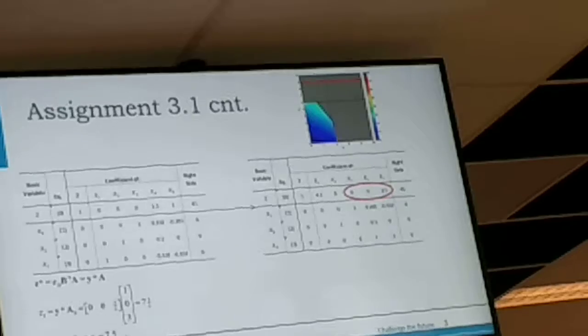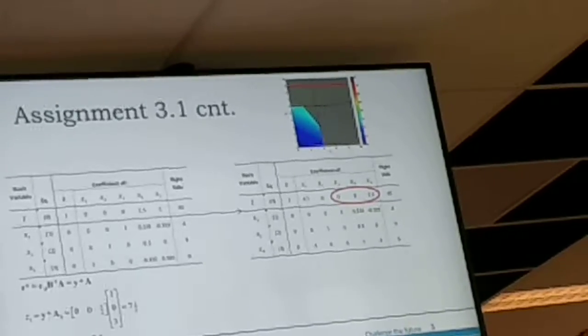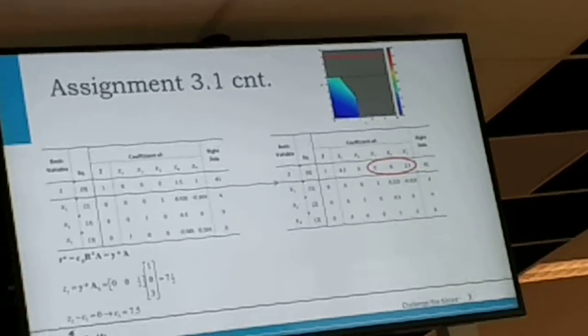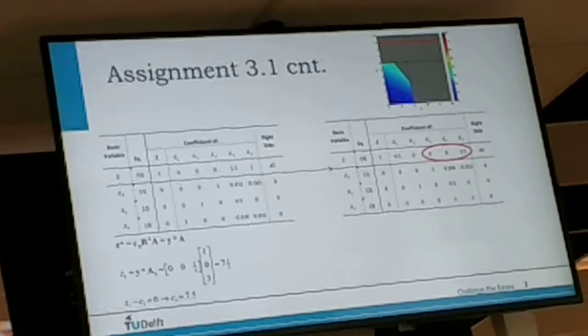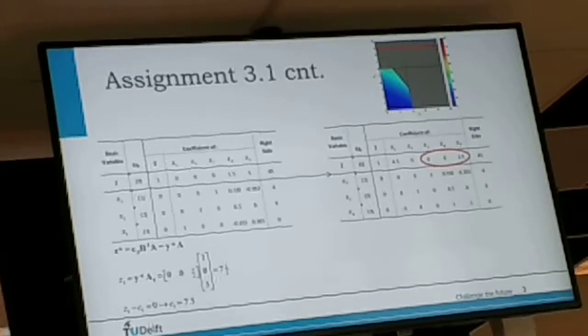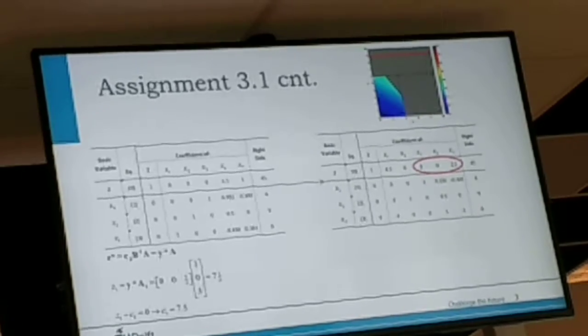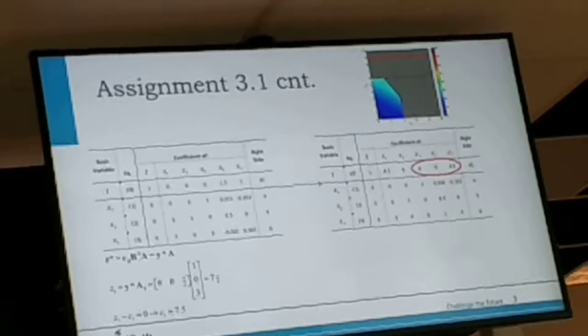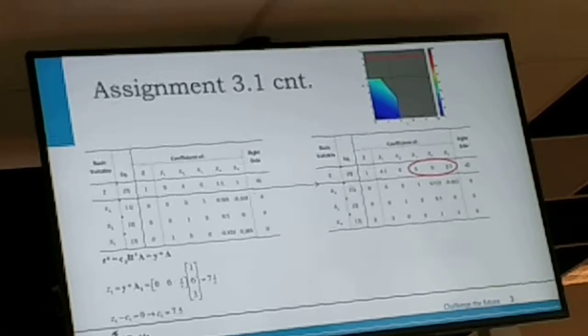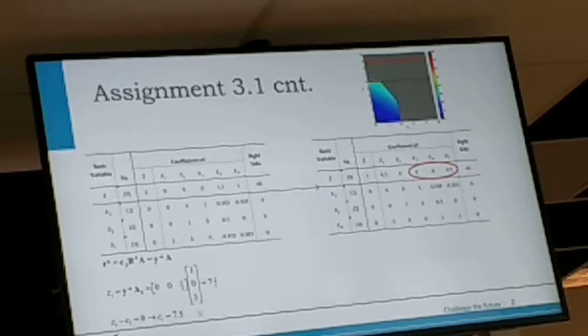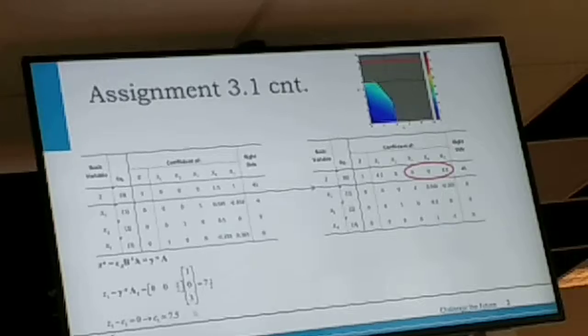So if we increase the cost coefficient to 7.5, then it will start to become interesting again to solve it. And in that case our objective value runs parallel to constraint 3. So in that case we'll have multiple optima. So if C1 is 7.5, we will have multiple optima.